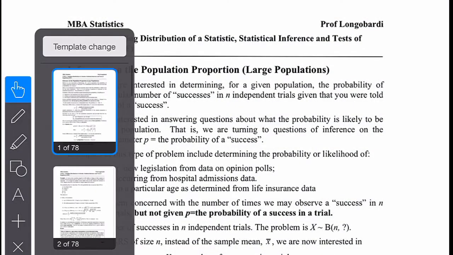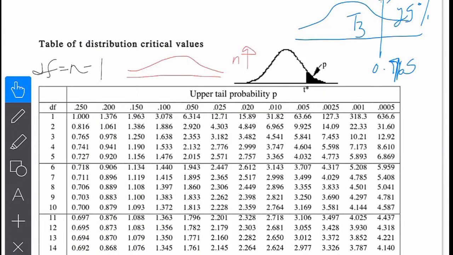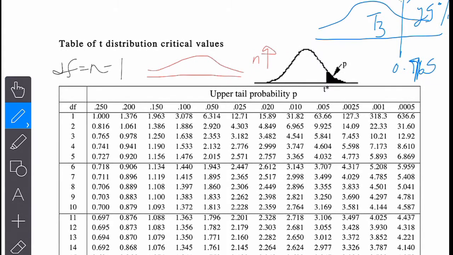So let's get the table, the back of the notes, and we go to the 7th row, and we look for 1.31. On the 7th row, it will be between these two, which means it's between 10 and 15%.